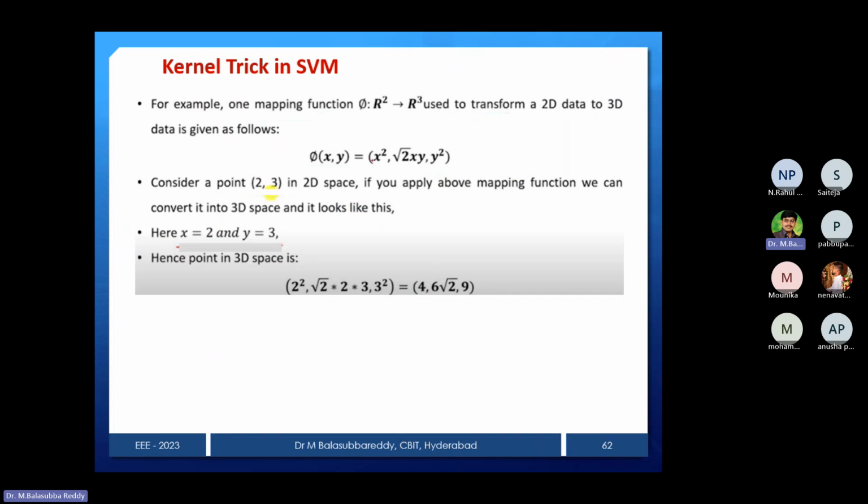Now we have to convert 2D data to 3D data. So we are mapping 2D data to 3D data, phi of x comma y equals this formula, which you have to use to convert to 3D data.